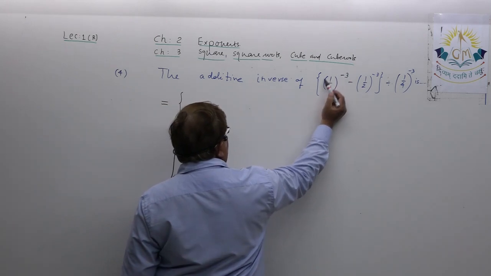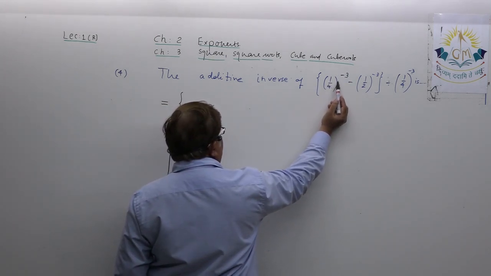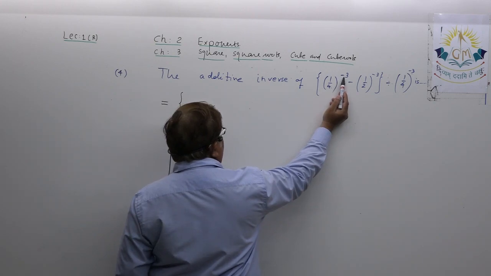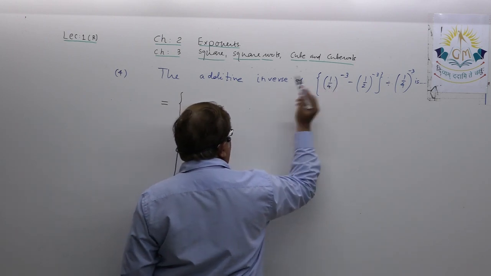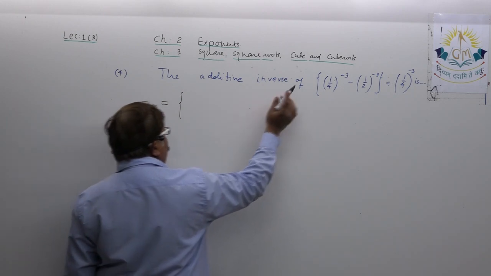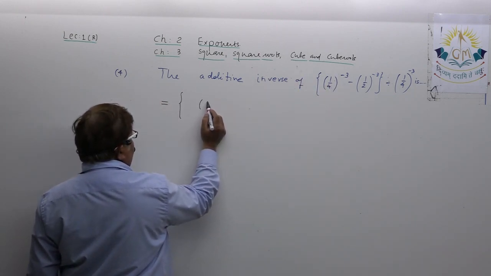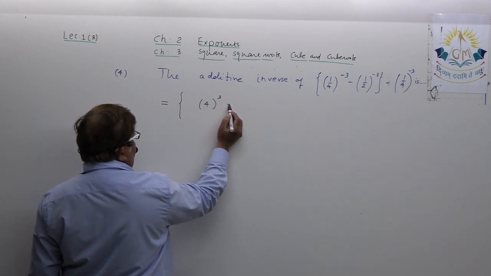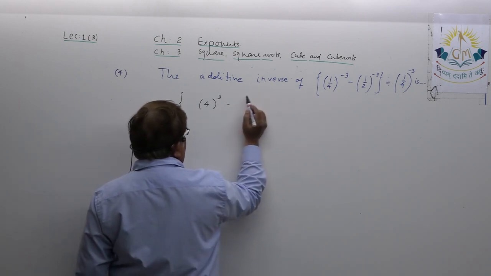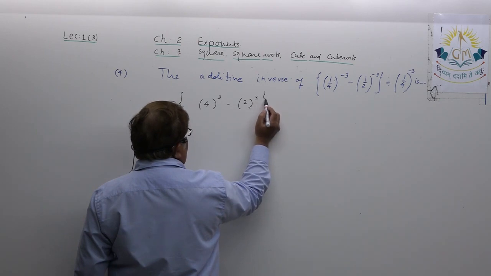We are just starting to solve the example by taking the first step in this curly bracket. What is given here? 1 upon 4 raised to minus 3. If you want to evaluate, the base needs to be reciprocalized to make the power positive. So this is 4 raised to 3. Similar case with the next term, 2 raised to 3.